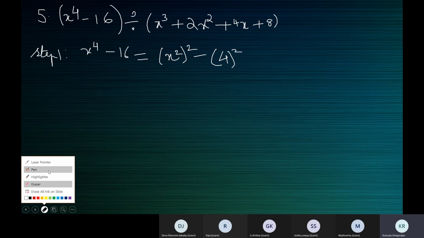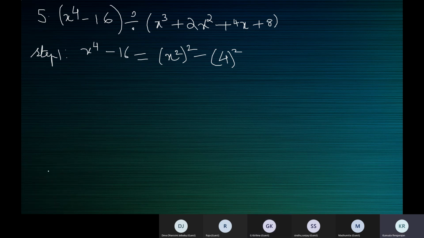So how do you factorize it? What are the factors of a square minus b square? Complete the identity.